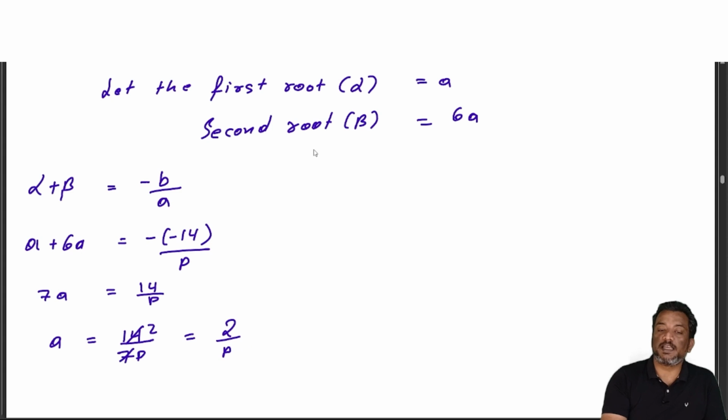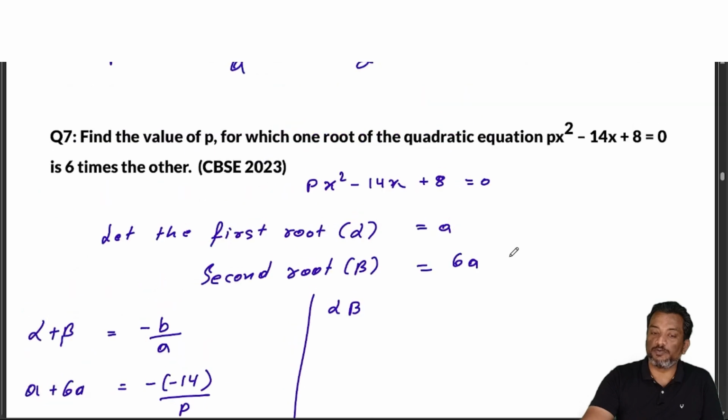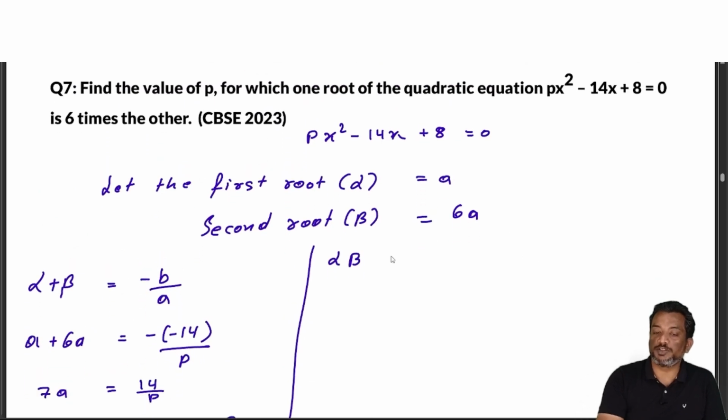Same way, product of roots, that is alpha into beta, is equal to the constant term over the coefficient of x square, that is c over a.